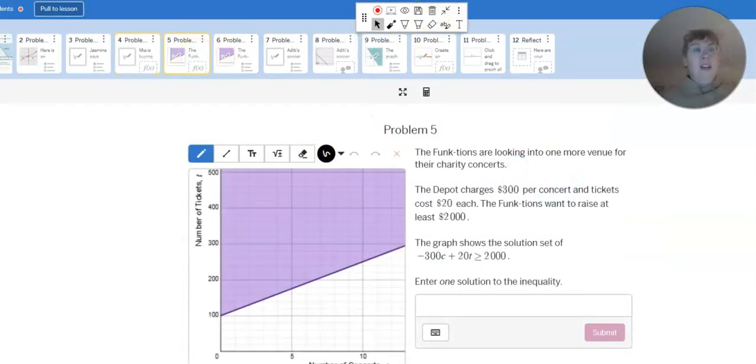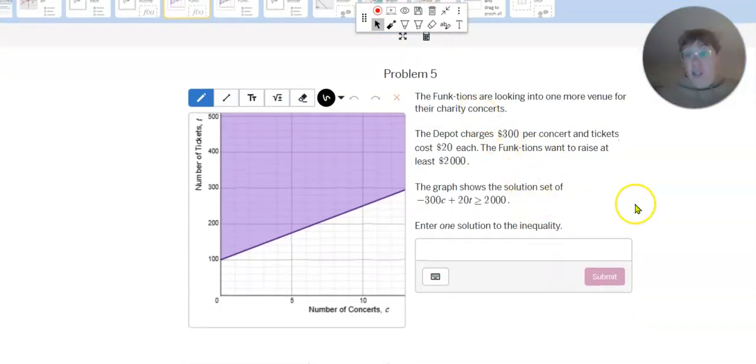Next slide. Alrighty, problem 5. The Functions, a cute band, are looking into one more venue for their charity concerts. The depot charges $300 per concert and tickets are $20 each.